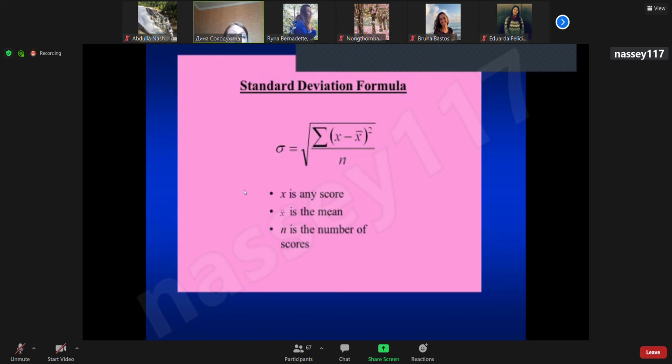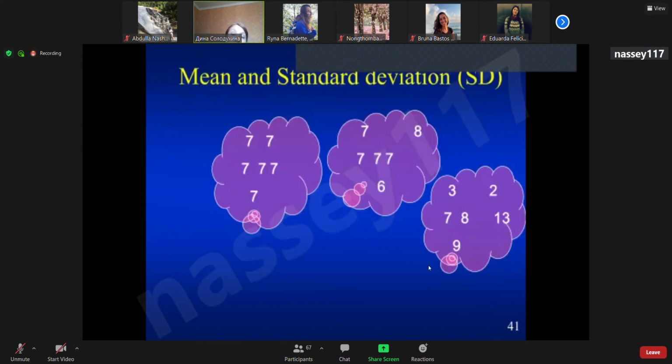And standard deviation is a very good estimation for normally distributed data. Okay, for example, here we have several examples. The mean is equal to 7. And here we also have the mean equal to 7.